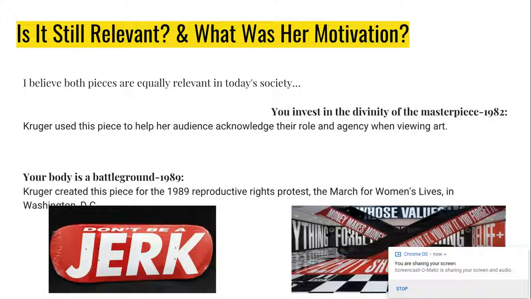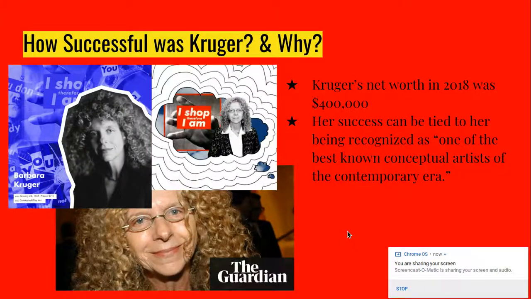In recent years, Barbara Kruger has extended her success, creating public installations of her work in galleries, museums, buildings, train stations, and parks, as well as on buses and billboards around the world. Walls, floors, and ceilings are covered with images and texts, which leads me to my next topic, how successful she was and why.